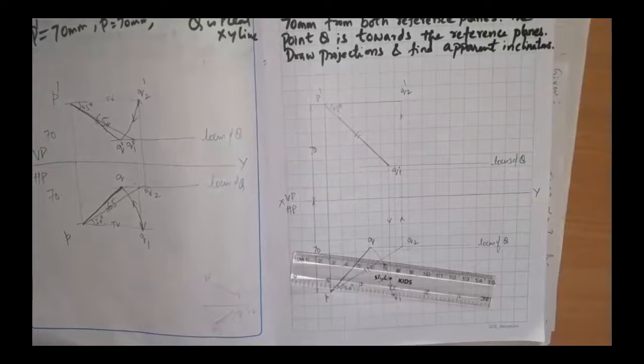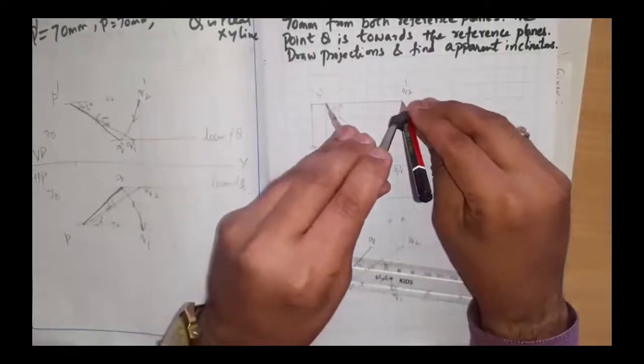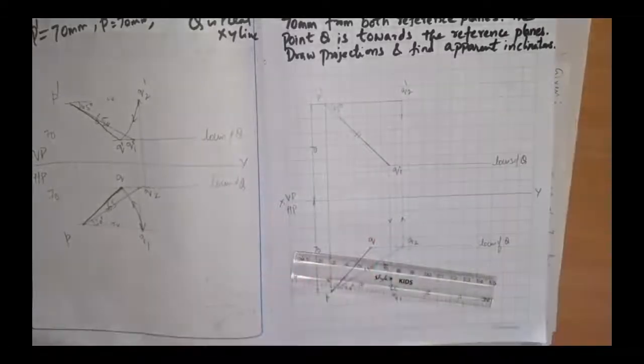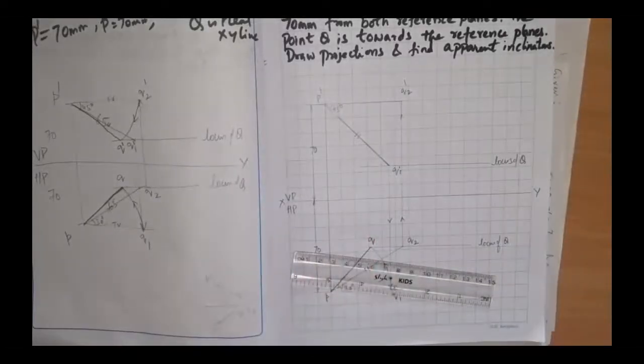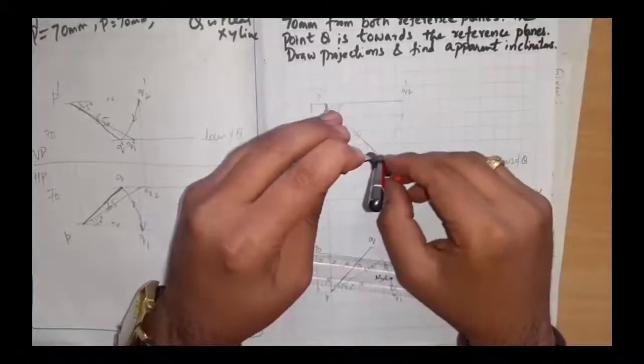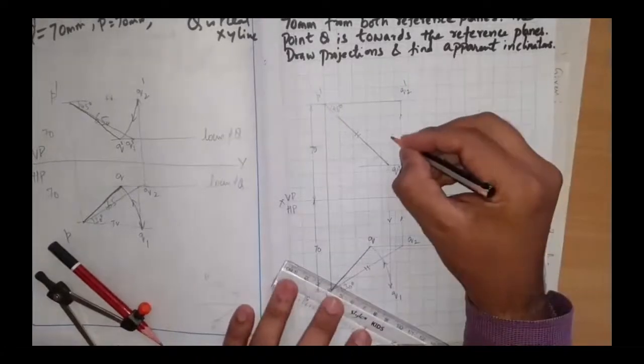So what you are supposed to do, from P dash to Q2 dash, take the radius and draw an arc somewhere here. Where this arc will come is very, very important.